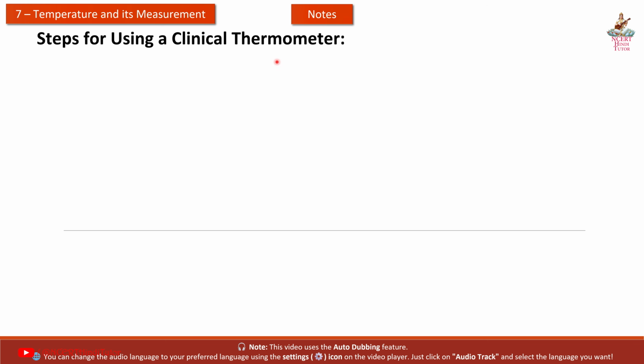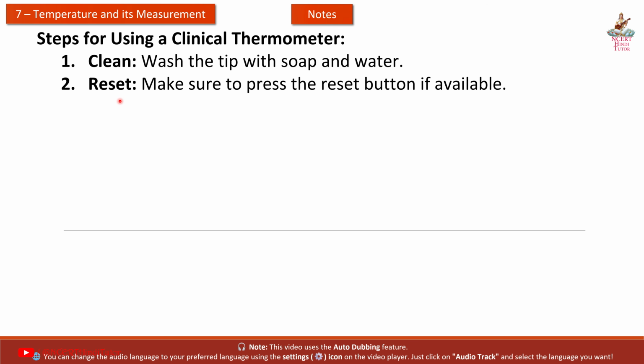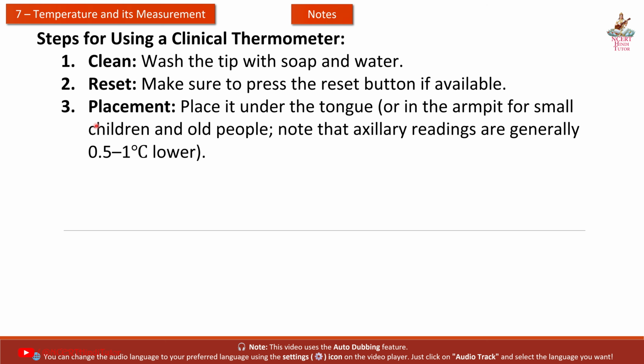Steps for using a clinical thermometer. First, clean: wash the tip with soap and water. Second, reset: make sure to press the reset button if available. Third, placement: place it under the tongue, or in the armpit for small children and old people. Note that axillary readings are generally 0.5 to 1 degree Celsius lower.